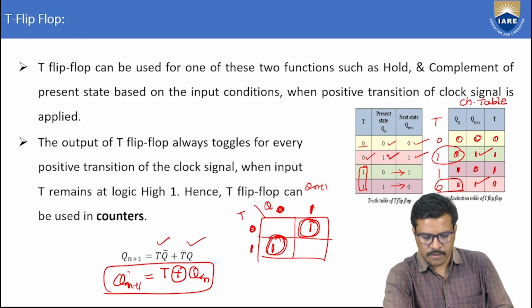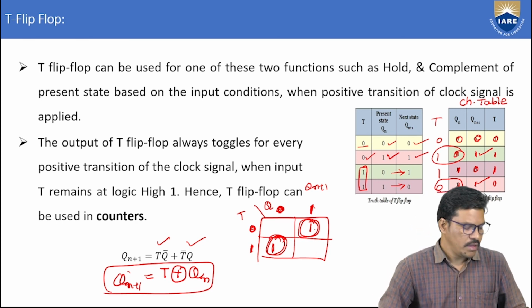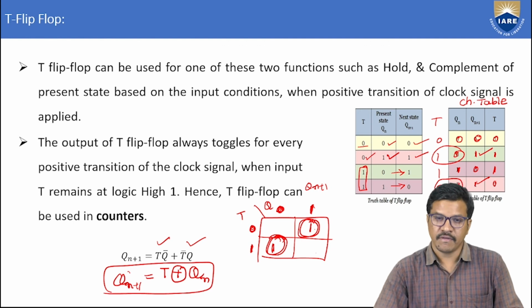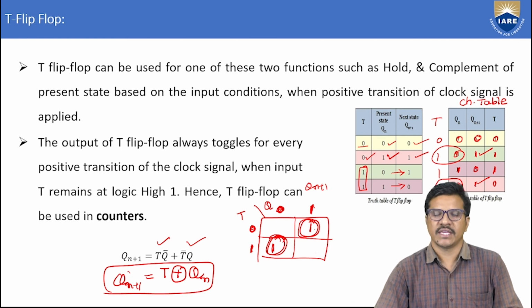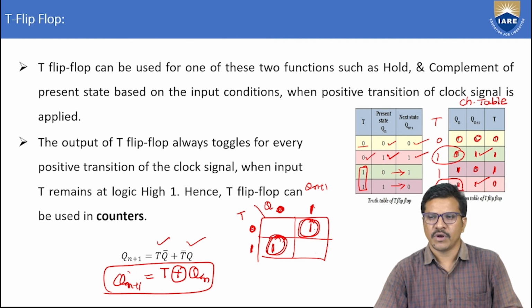These different kinds of flip-flops help us design further sequential circuits. If you want to implement a shift register, counters, or any sequential circuit, we make use of these basic flip-flops, because the flip-flop is a basic element to store logic one, and it acts as a memory element.